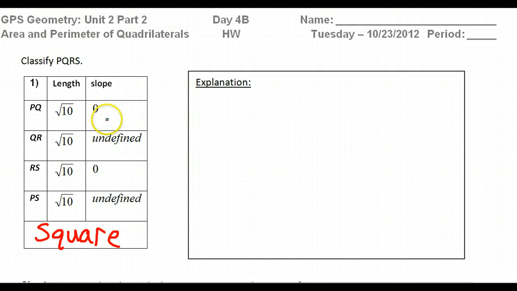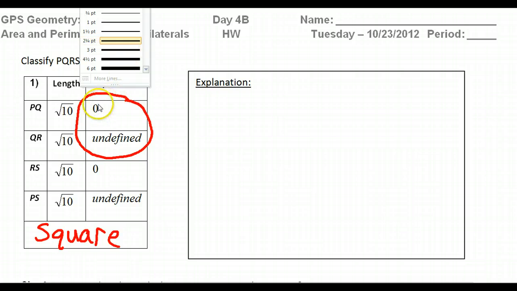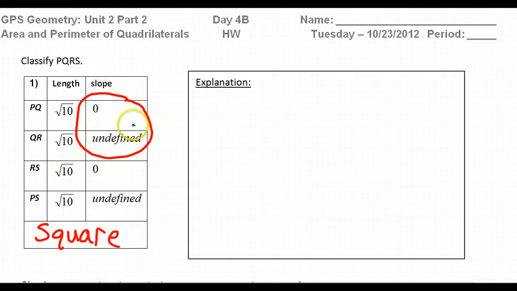Even when you look at these, normally we're looking for slopes that are opposite sign and reciprocal. Well, when you're dealing with 0, there's really no reciprocal. But remember this: a slope of 0 is a horizontal line.